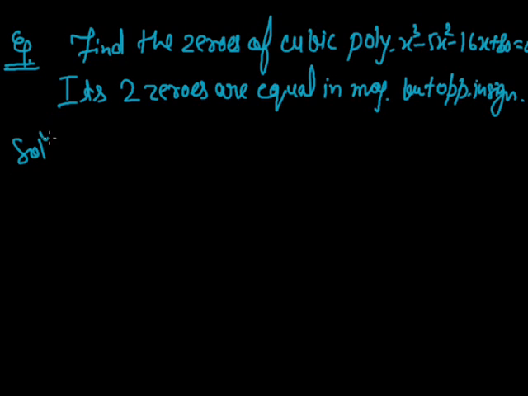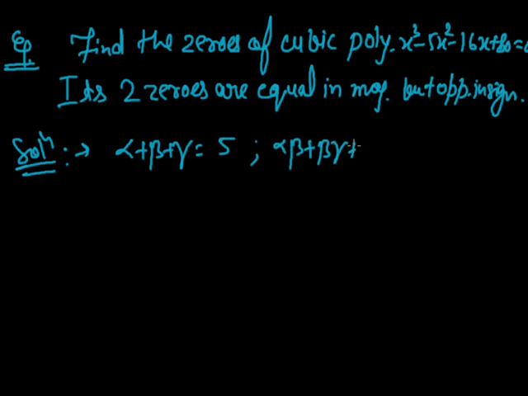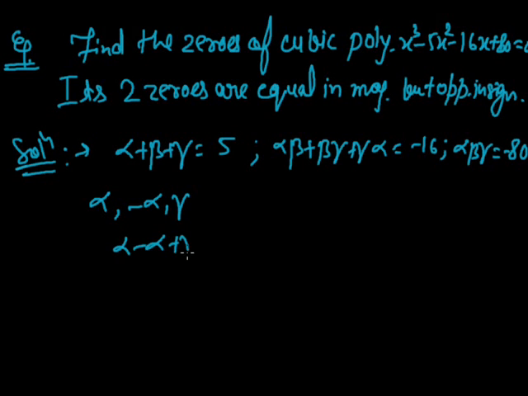As we know that it is a cubic polynomial, alpha plus beta plus gamma is given by minus b upon a, that is 5, and alpha beta plus beta gamma plus gamma alpha is given as minus 16, and also alpha beta gamma is given as minus 80. Now, as two zeros are equal in magnitude and opposite in sign, if a root is alpha, then the other root will be minus alpha, and the last one is gamma, let us assume. So alpha minus alpha plus gamma is equal to 5, or we may say that gamma is equal to 5.